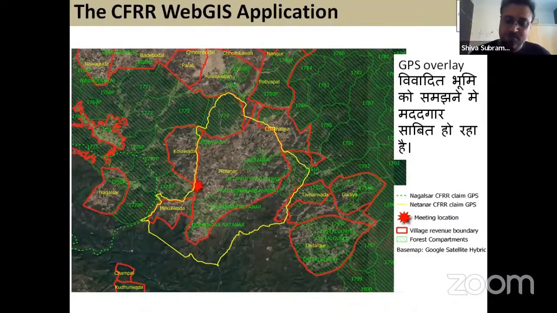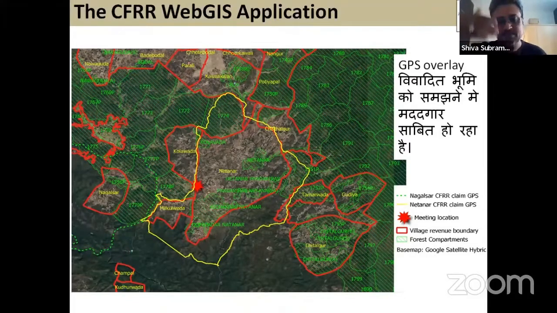Once that is done and the claim is processed, we have the backend server, which then serves the request to the WebGIS client, where it shows which are the claims that are processed and which are not processed, based on the moderation.